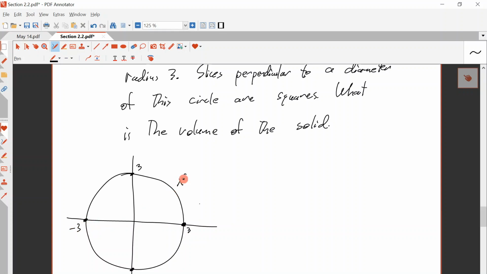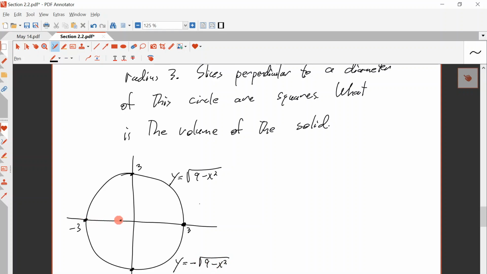And the circle is given by the equation x squared plus y squared equals 9. In other words, the upper half of the circle is y equals the square root of 9 minus x squared. The lower half of the circle is y equals the negative of the square root of 9 minus x squared.